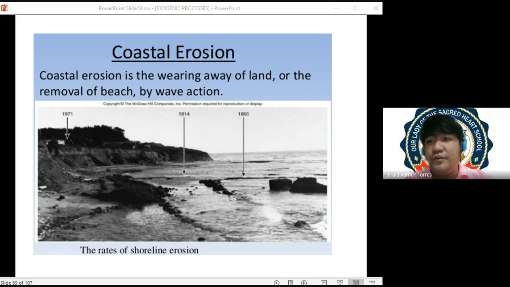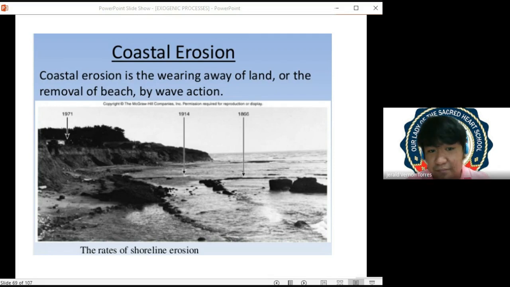Okay, so the first exogenous hazard that we are going to discuss today is what we call coastal erosion. So pag sinabi niyo coastal erosion, we are speaking here of a hazard or a phenomenon kung saan na-erode yung ating coastal area. So Manila is an example of a coastal area.